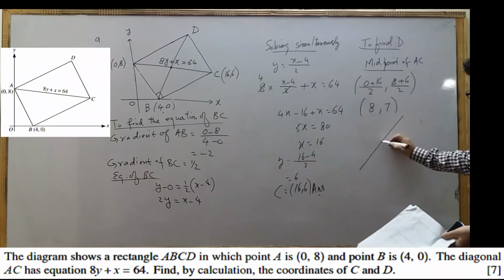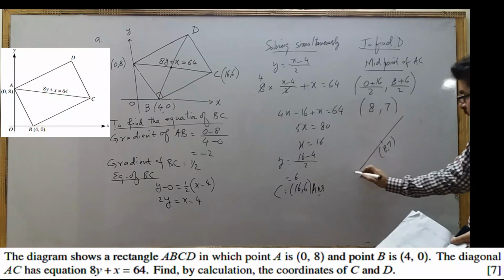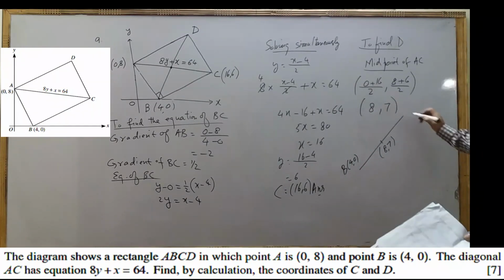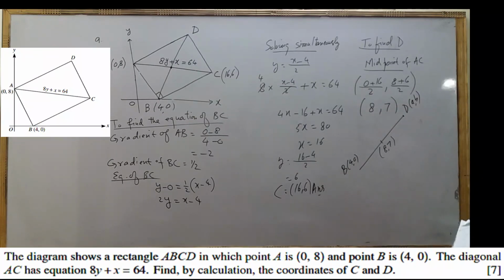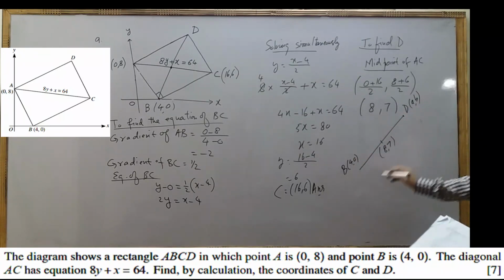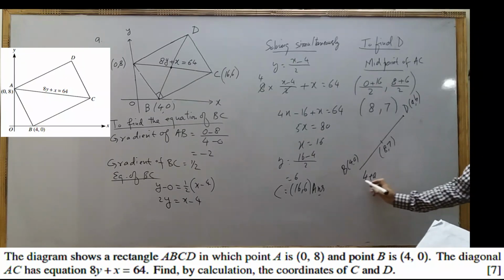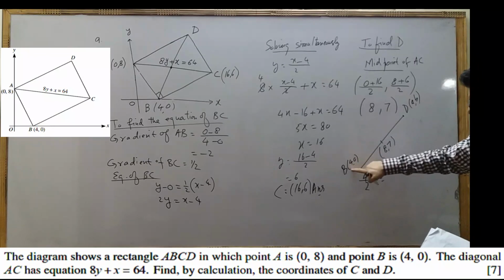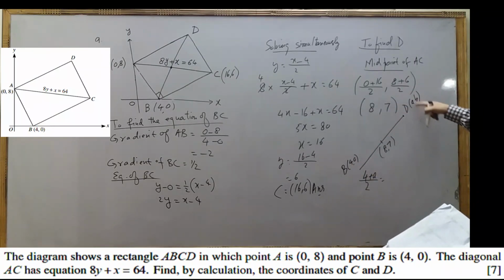Now see that we have found this point (8, 7). We have this point (4, 0) given in the question. We need this end point again. See the midpoint formula. You need the end point. This is the midpoint. Now taking this as (x1, y1), this as (x2, y2), x1 plus x2 divided by 2, meaning x1 of this end point plus x2 of this end point is equal to 8.